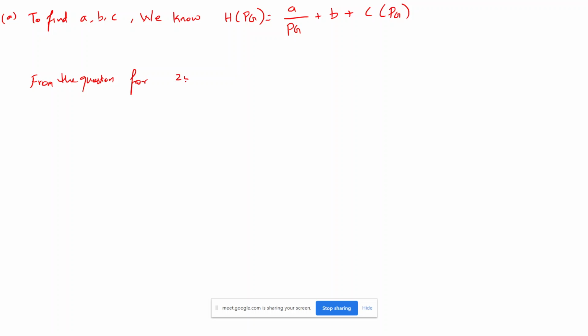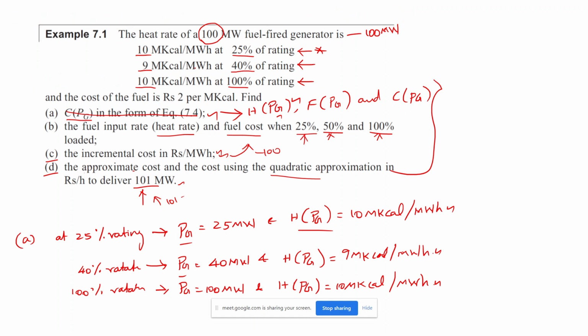So from this heat equation, from the question, for 25%, how much heat is it producing? Someone tell me how much heat it is producing for 25%. I am trying to write this equation from what is given. Please respond.